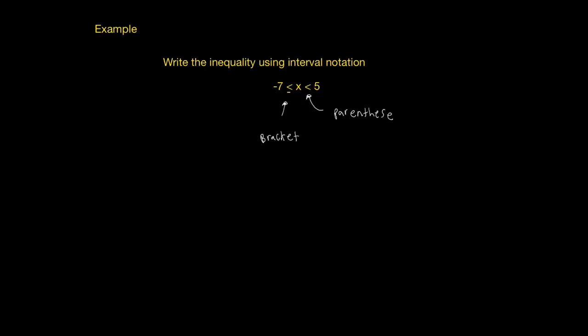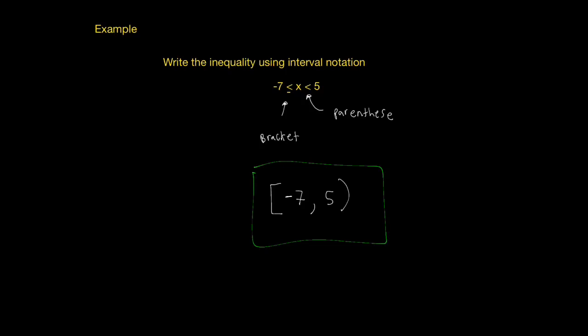And now let's write this in interval notation. I have a -7, and then I have a +5. On the left, I see that I have to put a bracket. On the right, I'm going to have to put a parenthesis. So bracket, parenthesis, and that would be the interval notation of that inequality.